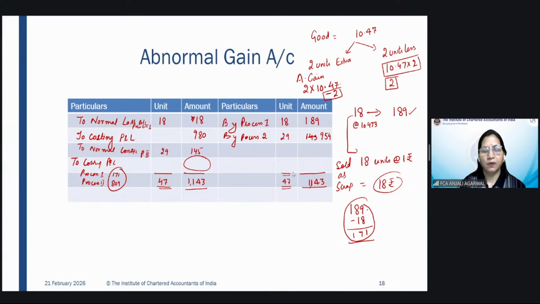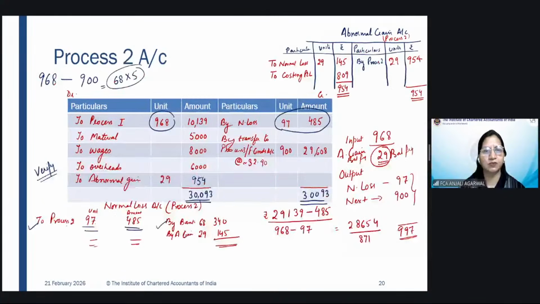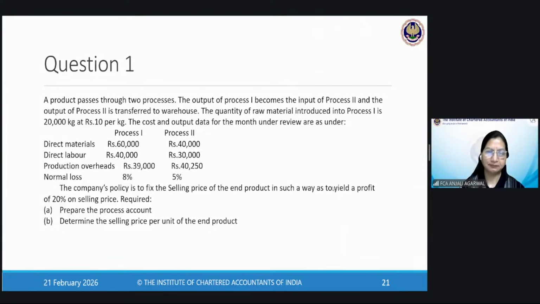Okay, so these were the fundamentals and basics of the process accounts, taken with small examples. Now let's take up a few questions based on this. A product passes through two processes. The output of process 1 becomes the input of process 2, and the output of process 2 is transferred to the warehouse.